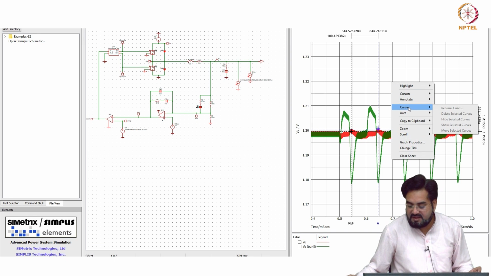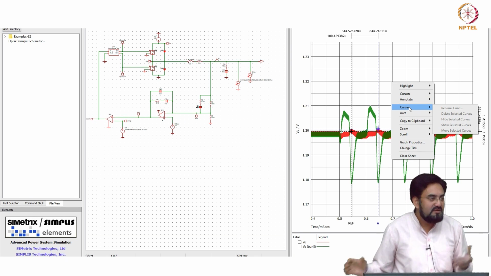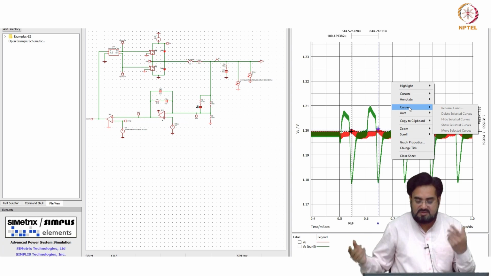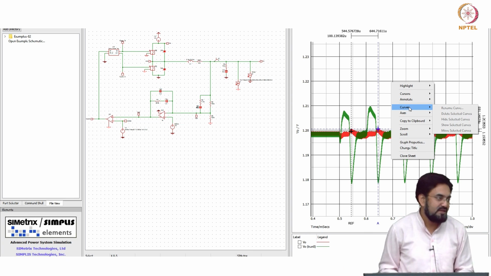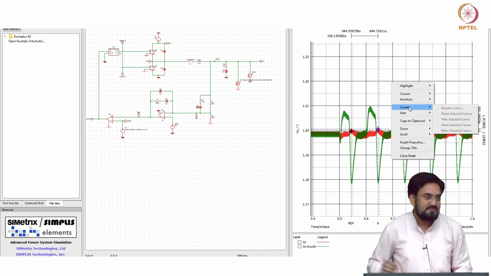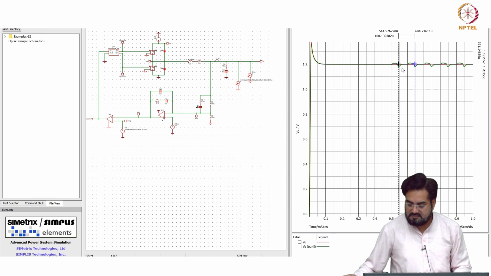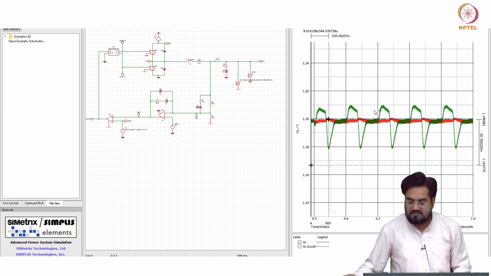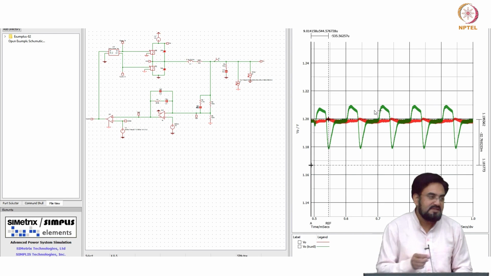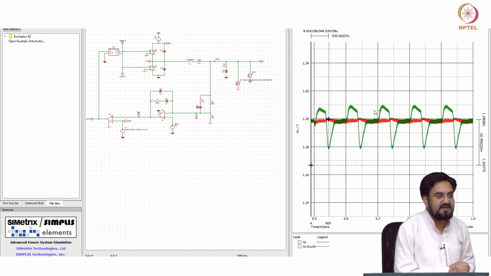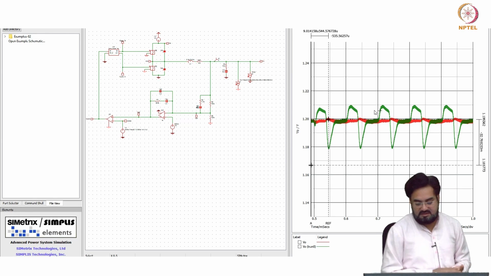Think about if you are driving an audio amplifier with this: 10 kilohertz is in the audible range, so you can listen to these tones. So that is the significance of those two poles we are adding at high frequency.